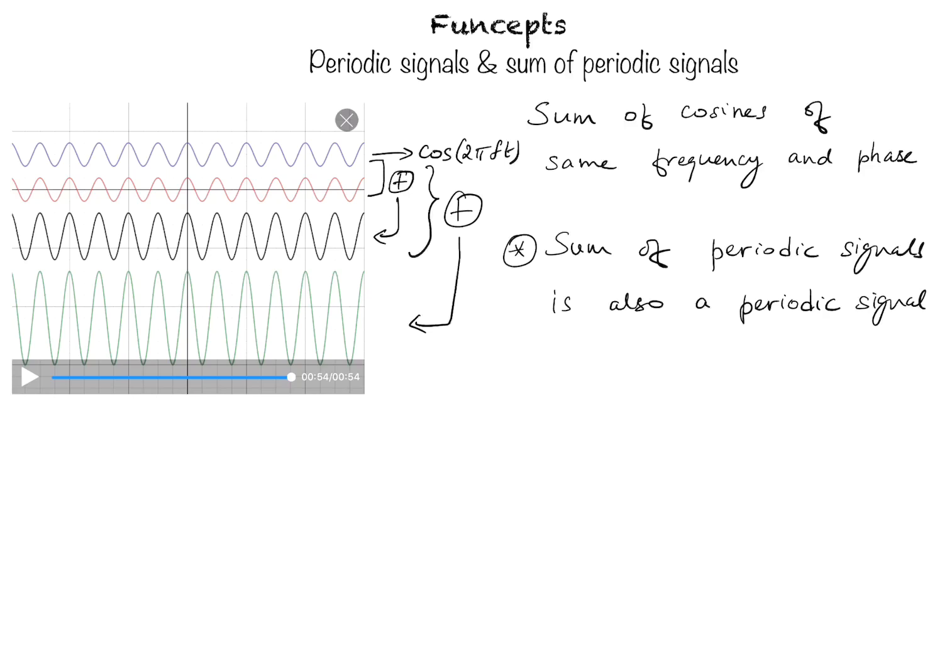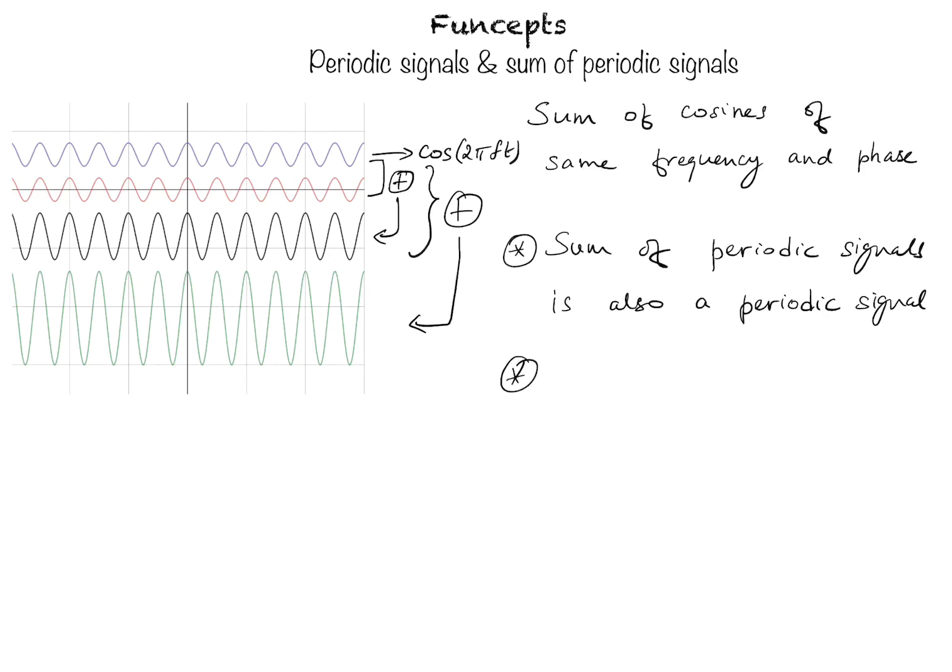So the sum of the first two cosine waveforms is also a cosine waveform, which again is periodic, and the sum of all three of those waveforms is again the green waveform, which is also a cosine waveform, which again is periodic.